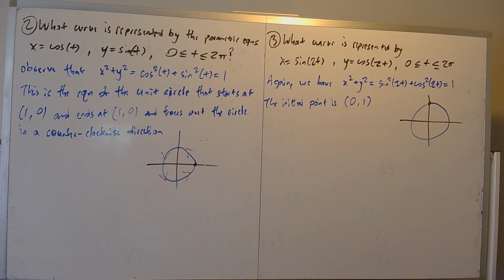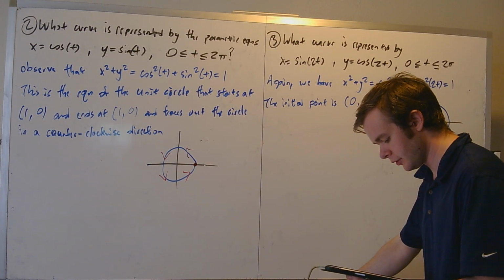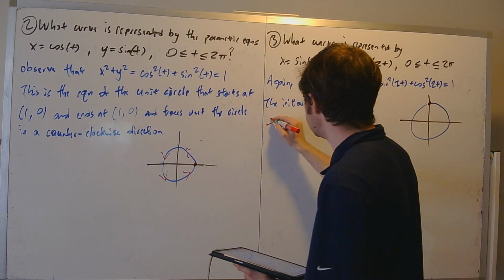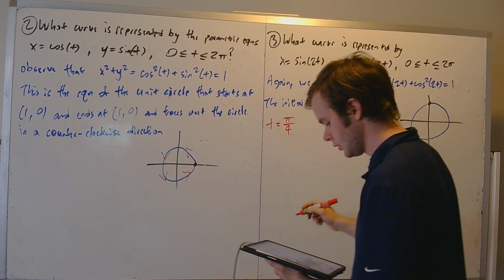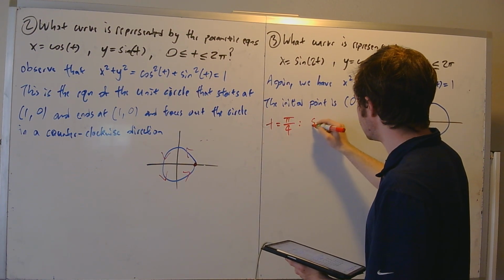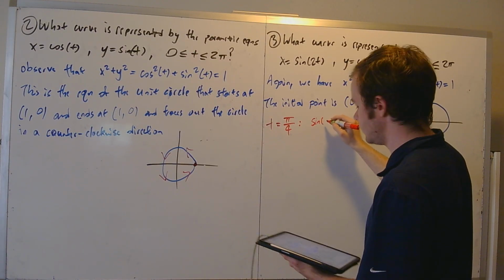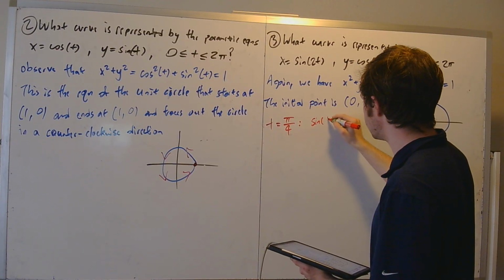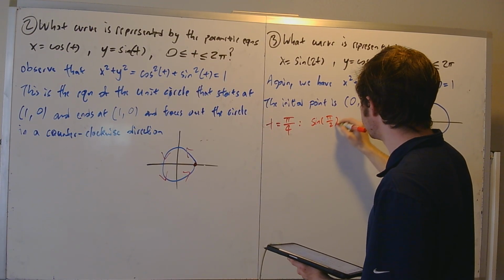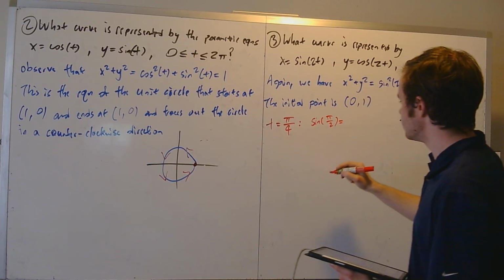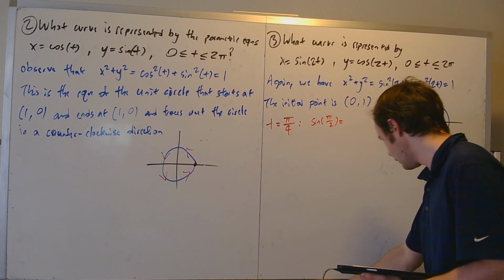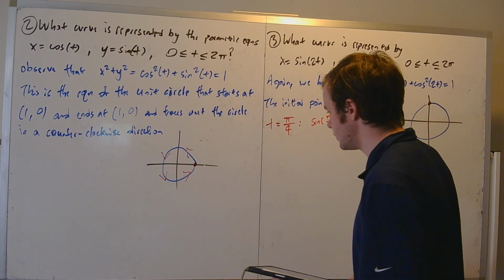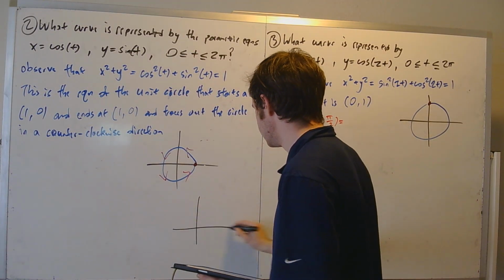Because that's the point 0, 1. And let's see what's happening here. Let's say we plug in t equals pi over 4. Then we're going to have the sine of, well, if we have 2 times pi over 4, that's pi over 2, so sine of pi over 2. Just think back to the unit circle. The way I figure these out is always by looking at the unit circle.